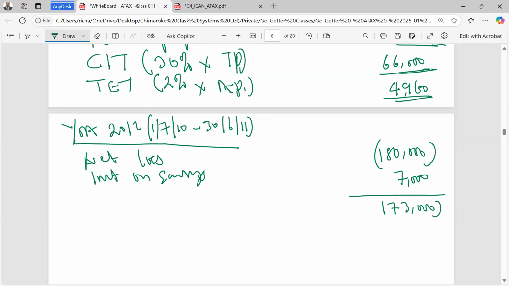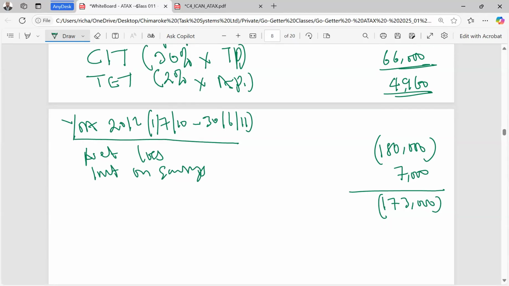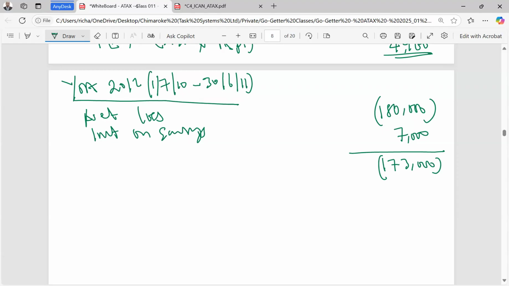The loss has reduced from 180 to 173 because of this interest on savings. Then this is going to be your accessible loss carried forward, because you cannot be making profit and loss at the same time. This is a company, it must be a carried forward loss.